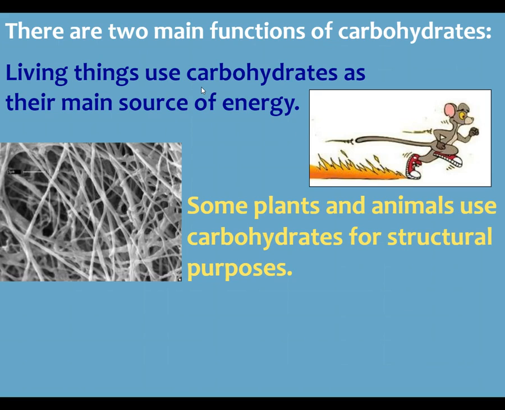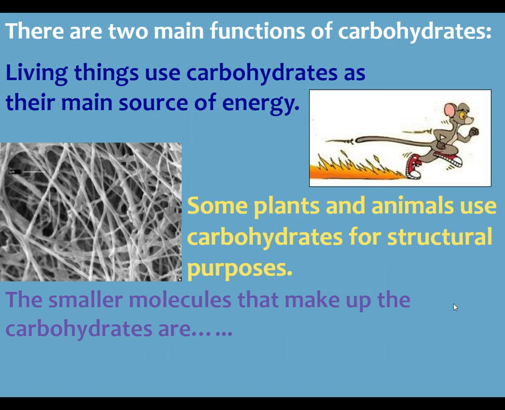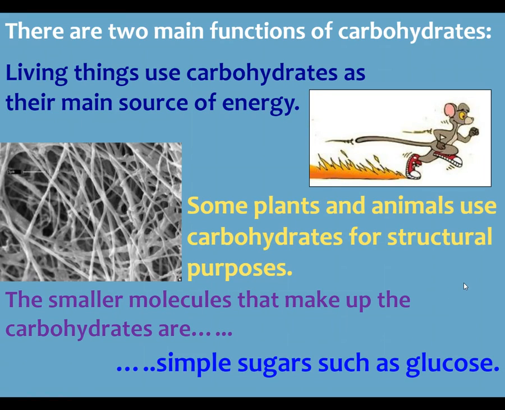So the 2 uses would be main source of energy and then structural support in some plants and animals. The smaller molecules that make up the carbohydrates are the simple sugars such as glucose.